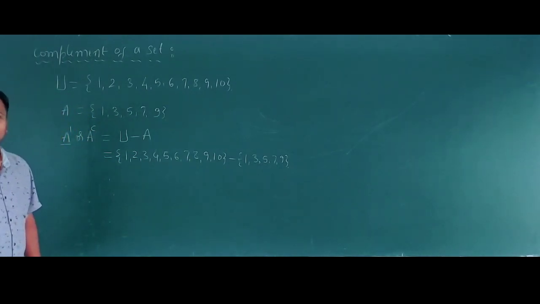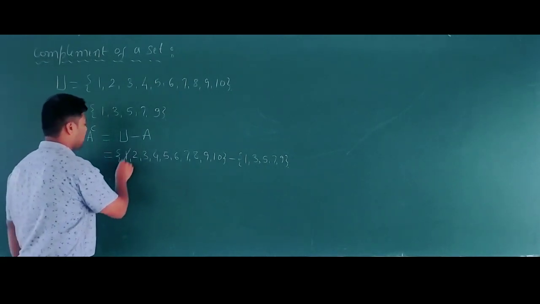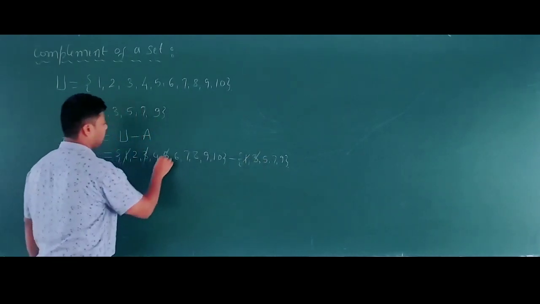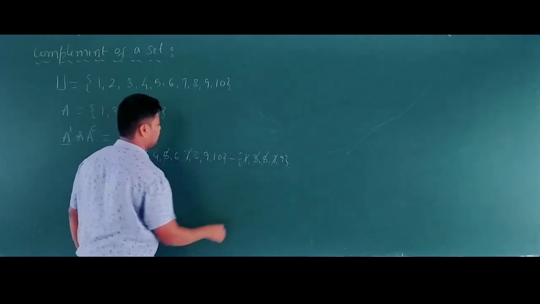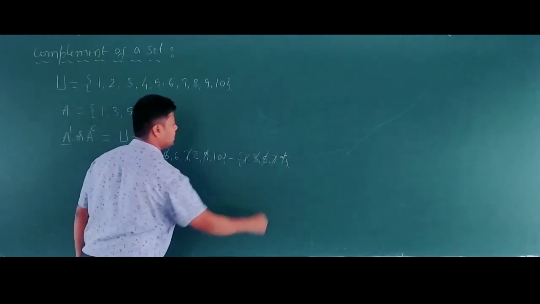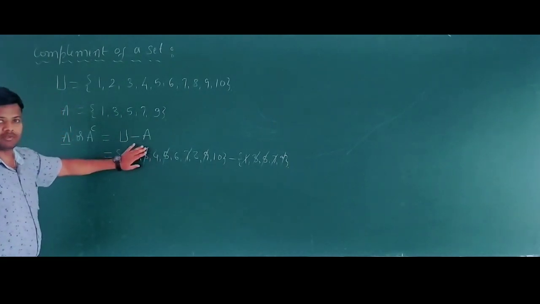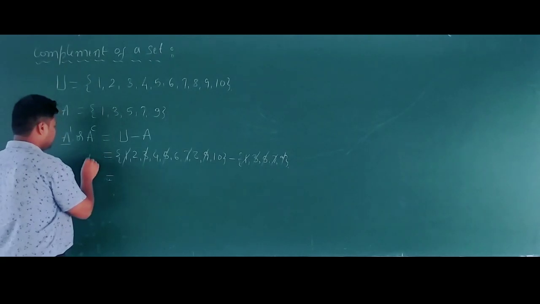First you have to cancel the common elements: 1, 1, 3, 3, 5, 5, 7, 7, 9, 9. Then write the elements of the first set. This is A dash.